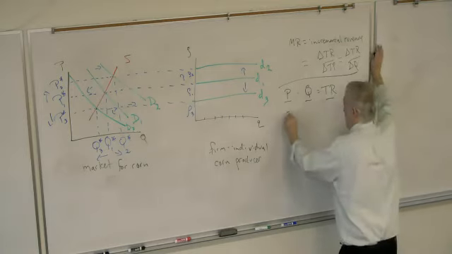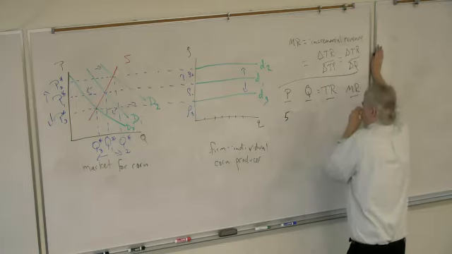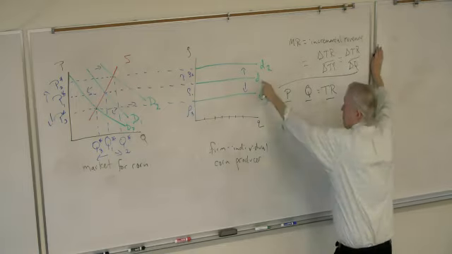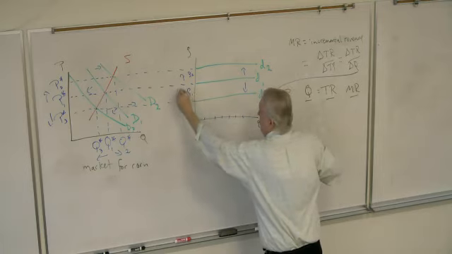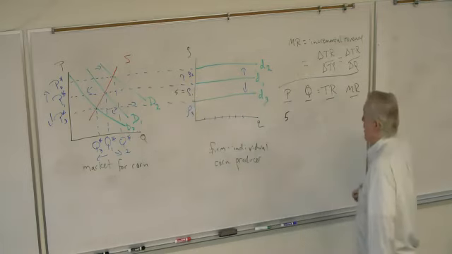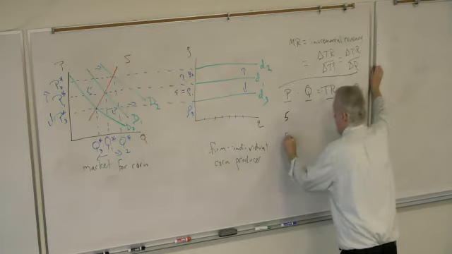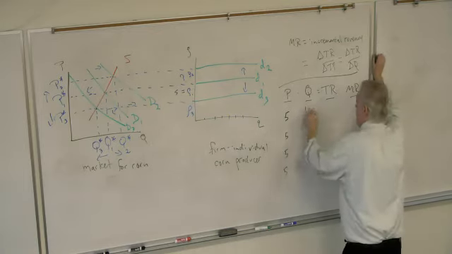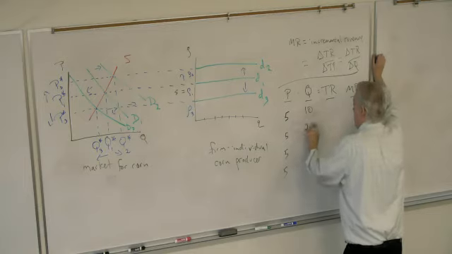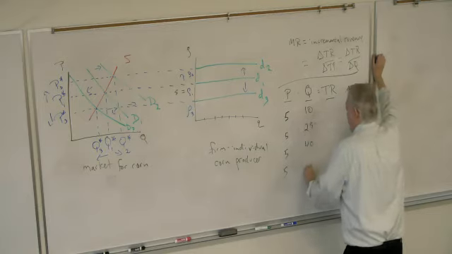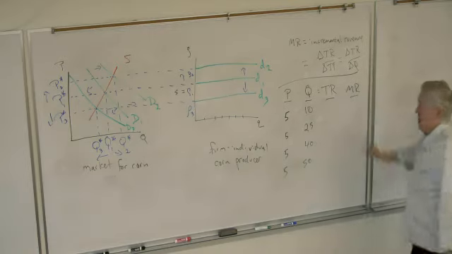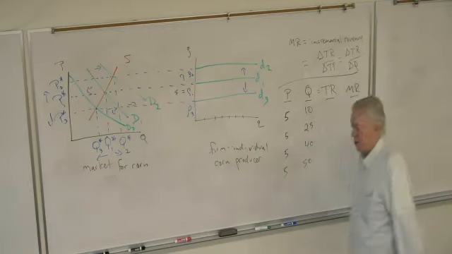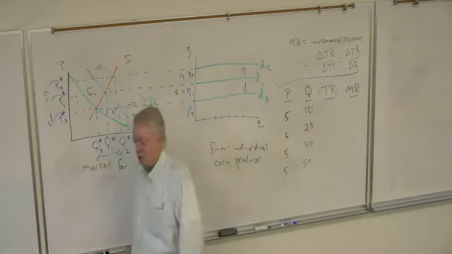So P1 is 5, and it's $5 all the way across: 5, 5, 5, 5, 5. And let's say we produce 10 units of output, and 25 units, and 40, and say 50. I'm just making numbers up here, but hopefully the math should be relatively easy.